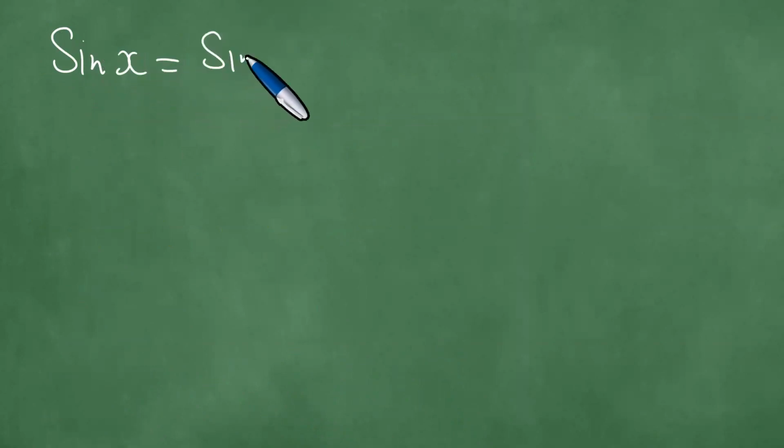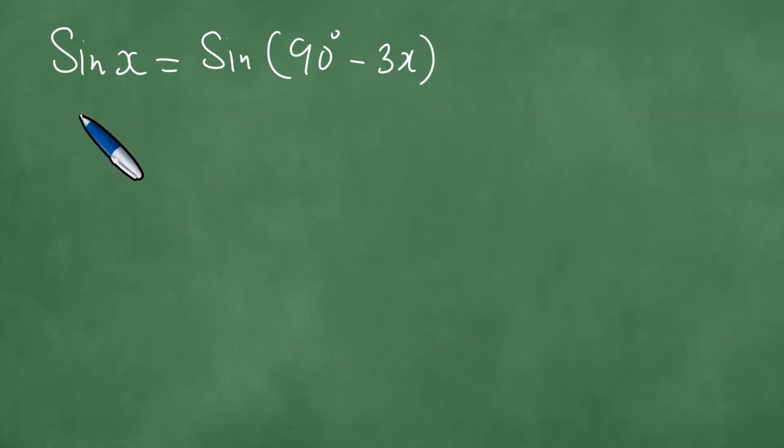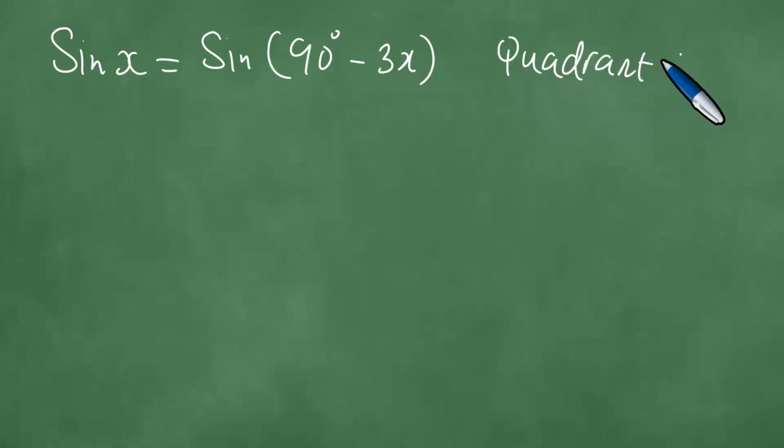Which means the sine of x is the same as the sine of 90 degrees minus 3x. And what is the meaning of this? We need to note that we're dealing with quadrant 1 here, because it's 90 minus.